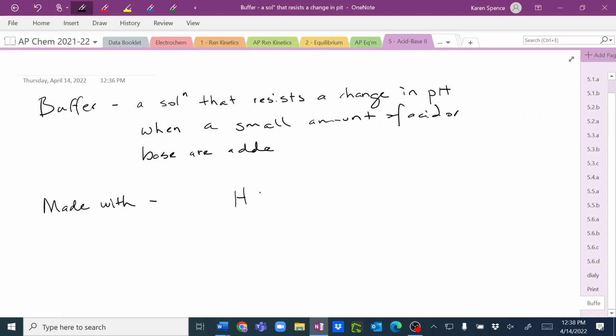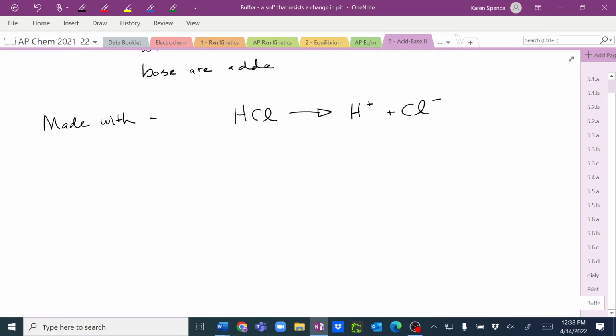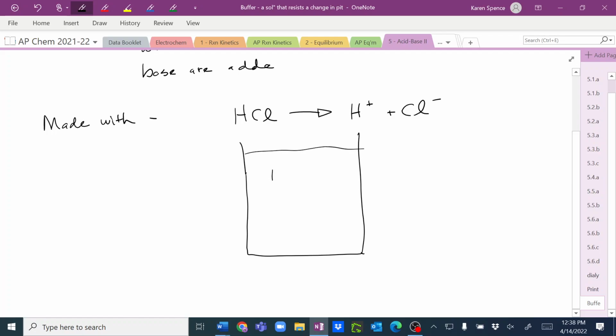So if I had HCl, and in my solution, it dissociated. So here, I have a beaker. Wow, that's a weird line. There, that's better. I have a beaker, and it contains H+, and it contains Cl-.